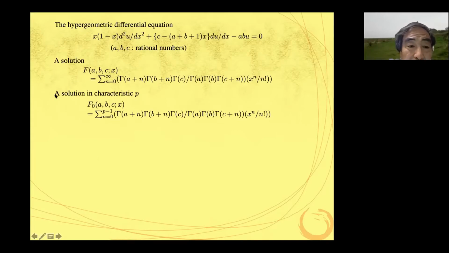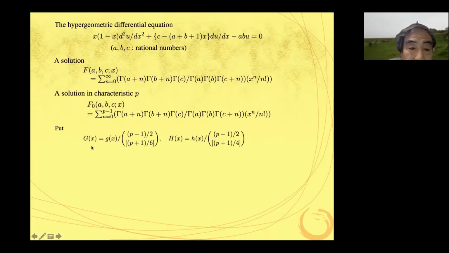Now we consider this solution in positive characteristic. So I cut off until the degree p minus 1 term. We consider such a polynomial. This is, of course, a formal power series, but this is just a polynomial.